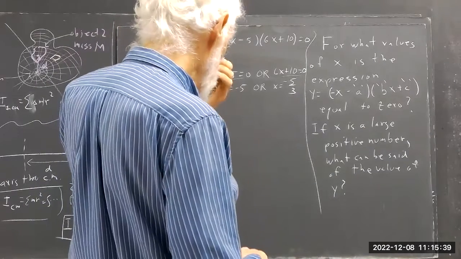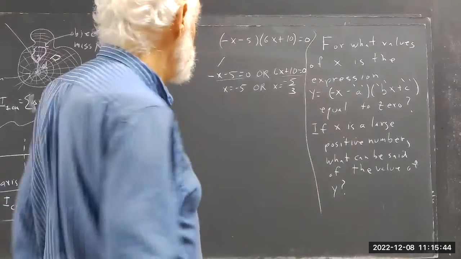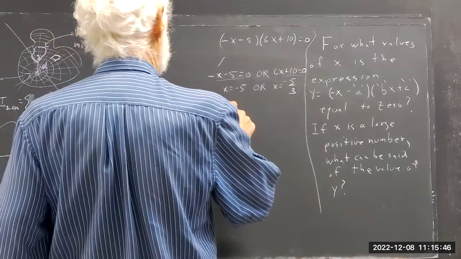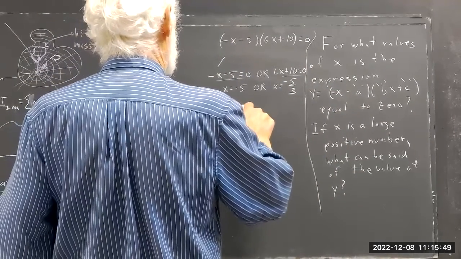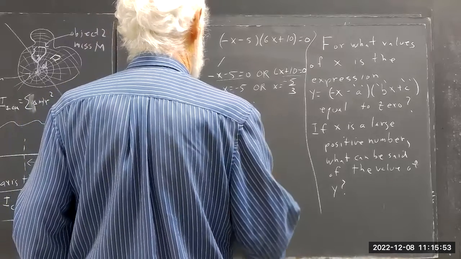So one thing we can immediately do about graphing this thing, because that's the next step. Okay, what do we now know about the graph of this function?